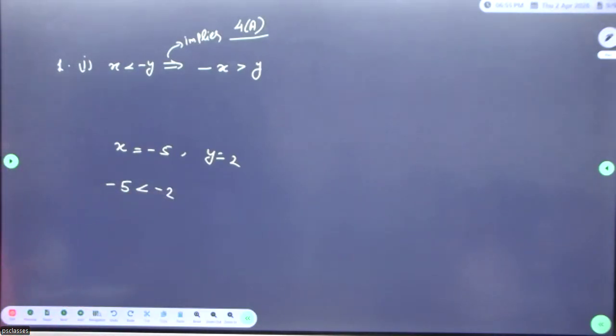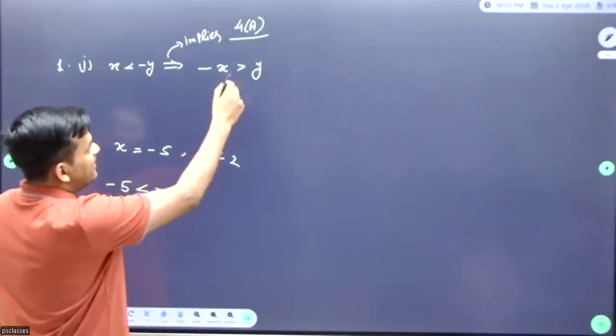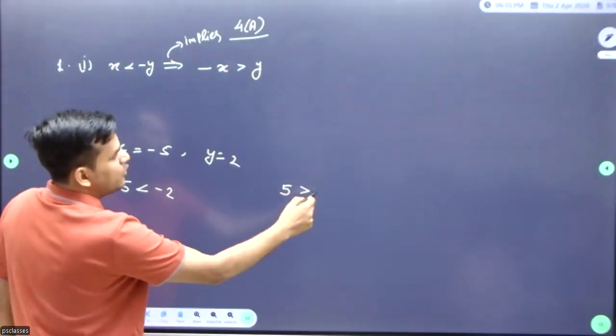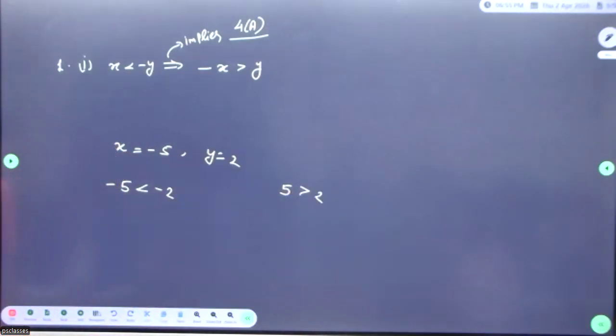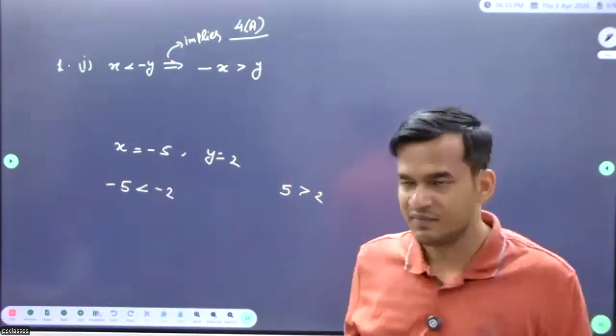This is true. Now if you multiply by minus 1 on both sides, the statement means minus of minus 5, that is 5, is greater than 2. Both are correct. So do not confuse, these are not the actual values. These are variables. Variables can be negative or positive, anything.